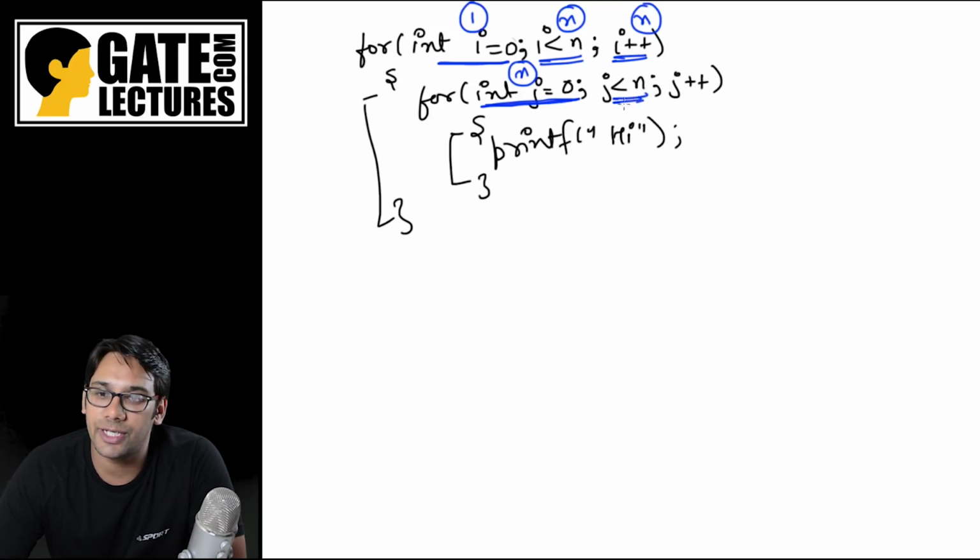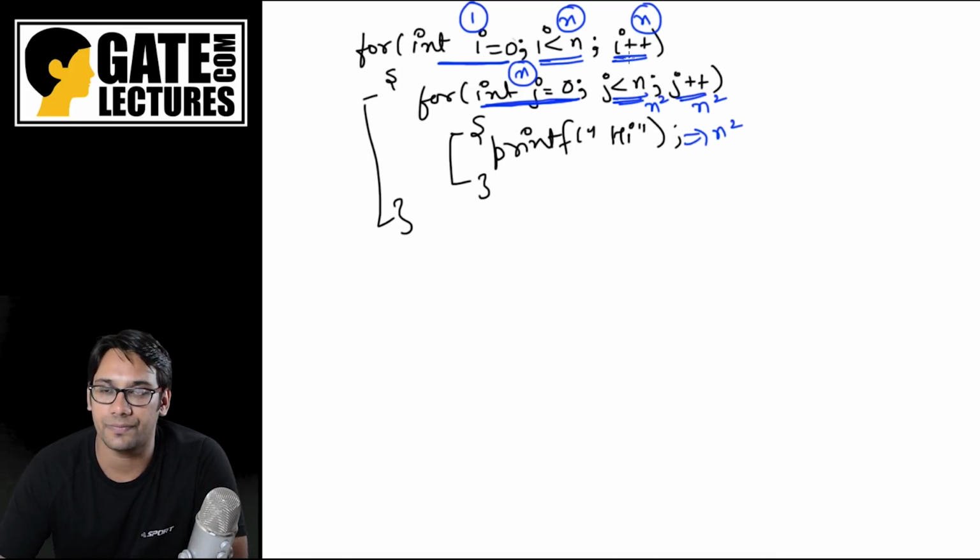And this statement will be executed n square times. This statement will be executed n square times. This statement will be executed n square times. Okay, you can easily see it like this. I'll show you what I'm saying.